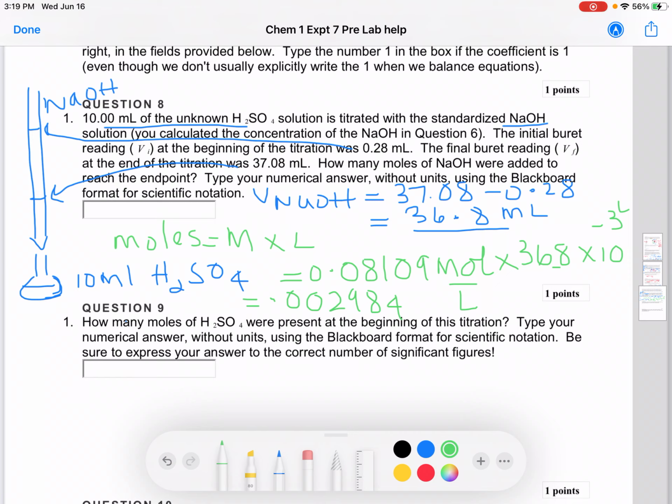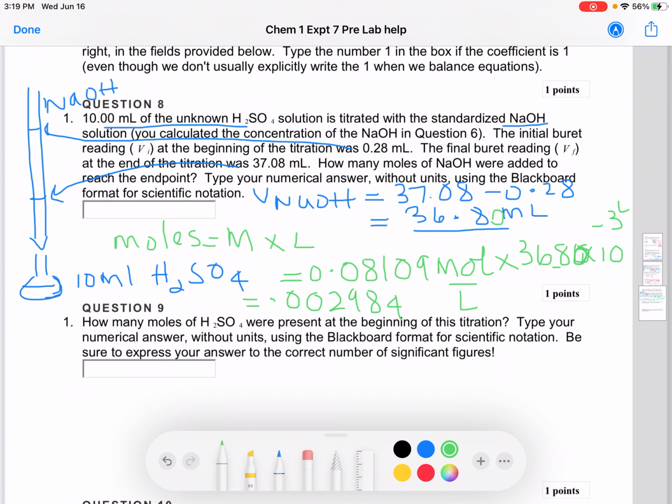In fact, here it should be 36.80. I'm missing a 0 right there. So 4 significant figures, 0.002984. You got it, right? So that's the answer for question number 8.